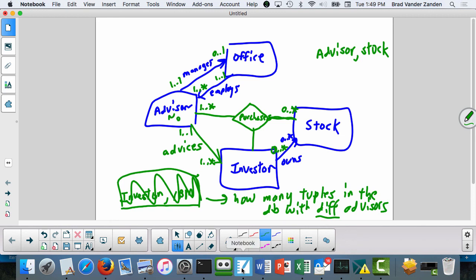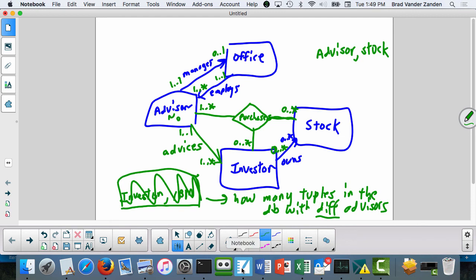You may never have sold IBM to any of your clients, right? So it's actually 0 to many, because it's possible that you haven't sold some particular company to any of your investors yet.